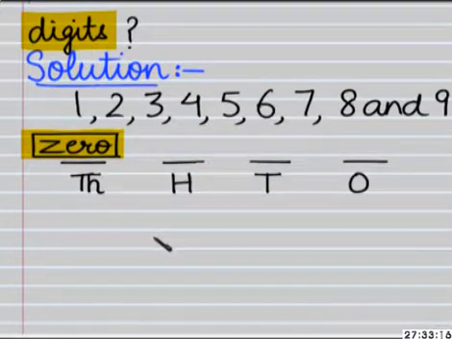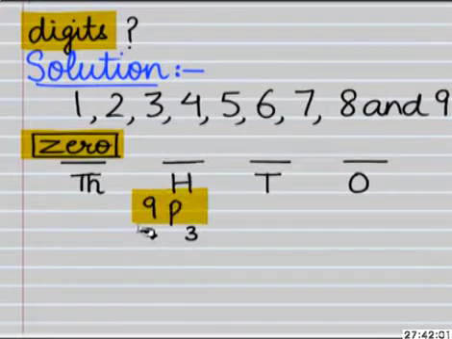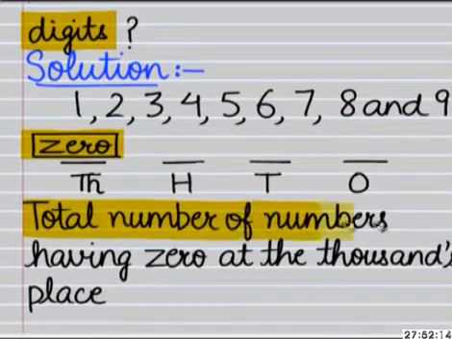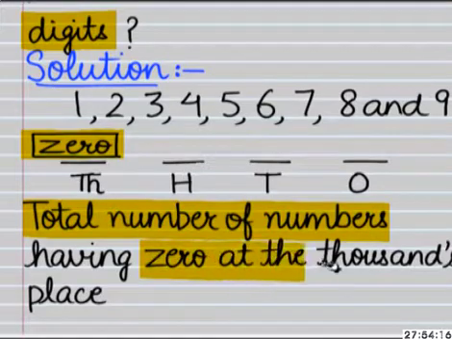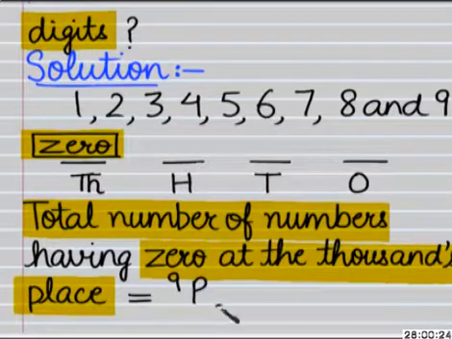So the number of such arrangements is 9P3. So the total number of numbers having 0 at the thousandth place will be equal to 9P3.